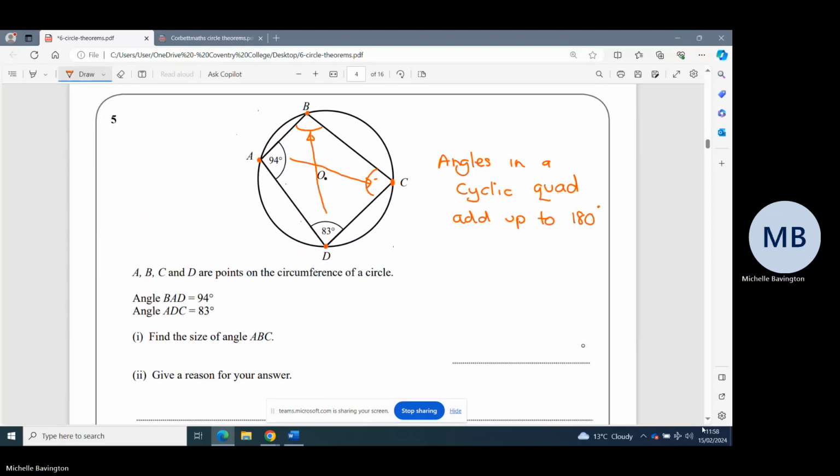A, B, C. A, B, middle number, wants B. So 180 minus 83 equals 97 degrees. And then if we wanted to find A, C, we'd do 180, take away 94, leaves 86. And all of them should add up to 360.